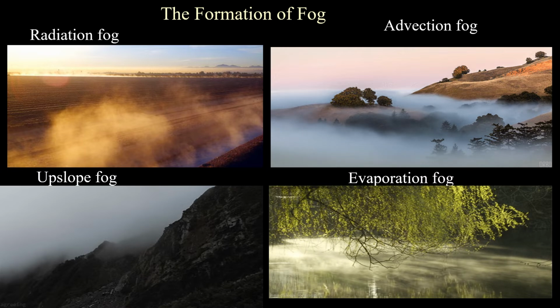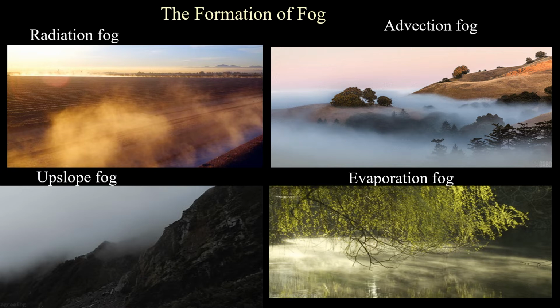So radiation fog first. How does radiation fog actually form? You know that in the daytime the earth surface is heated up a lot because the mud or the dry earth has lower specific heat, so it heats up very fast. And at night, when insolation is not present, there is terrestrial radiation, and that terrestrial radiation makes it cool.